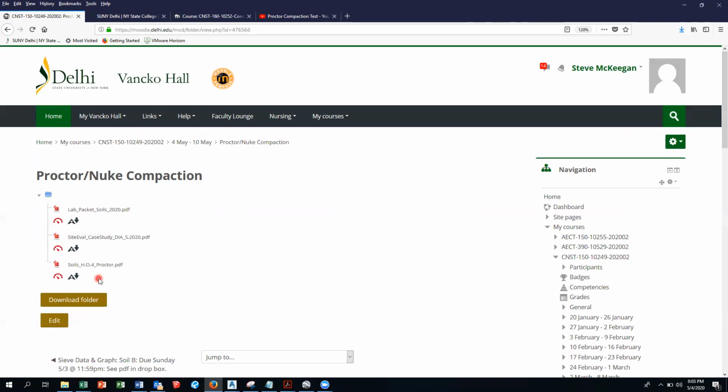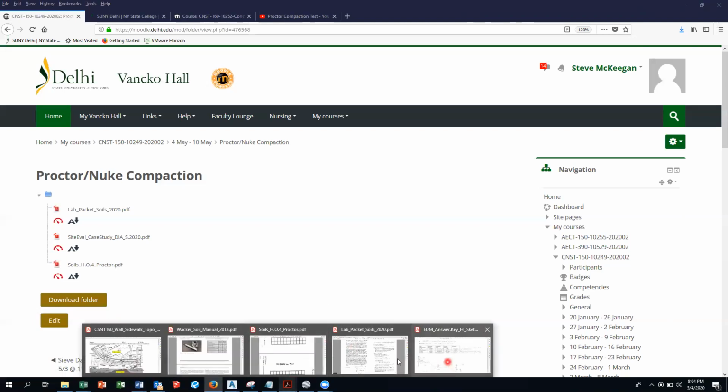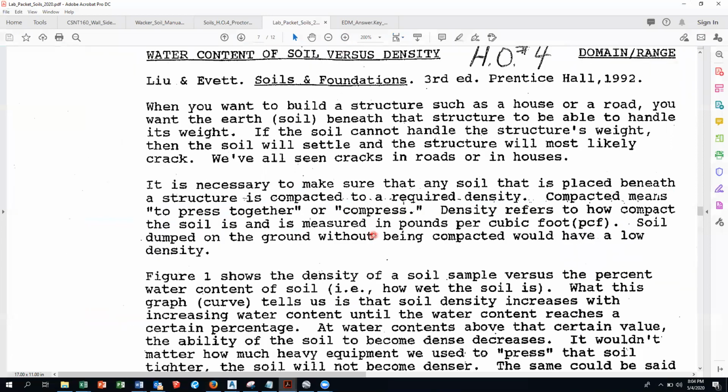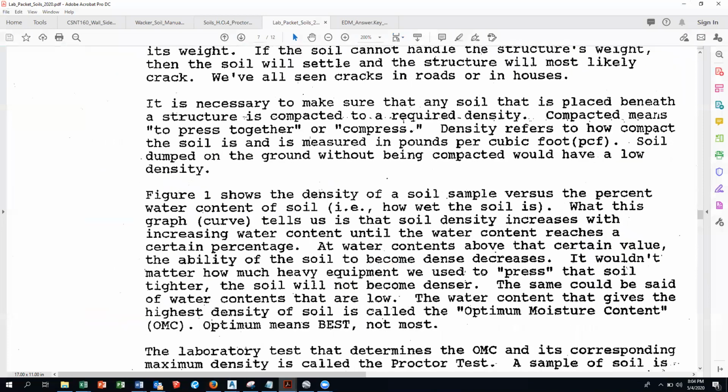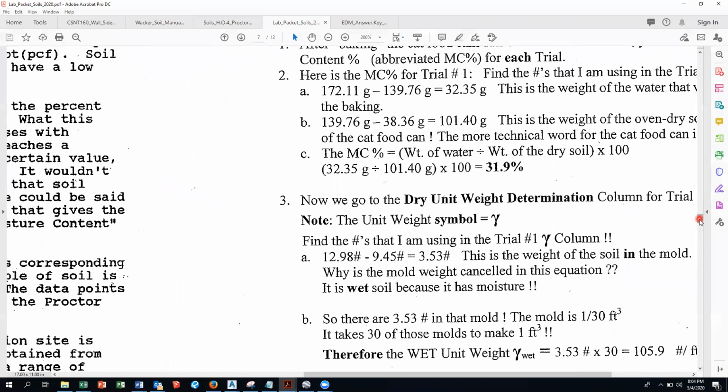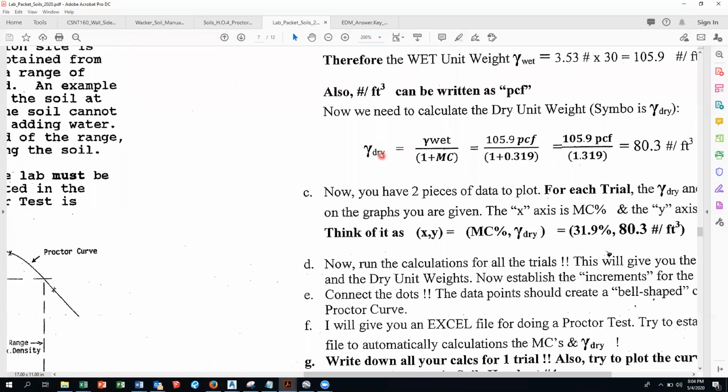Okay, we just looked at handout number 4 on the proctor. Like I said, this tells you that dry density is the wet density divided by 1 plus the moisture content.